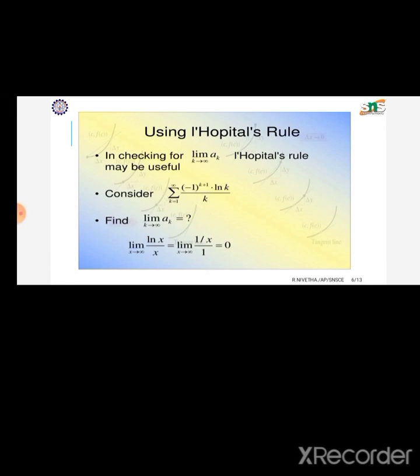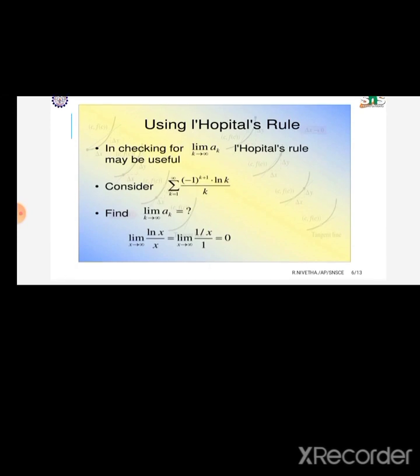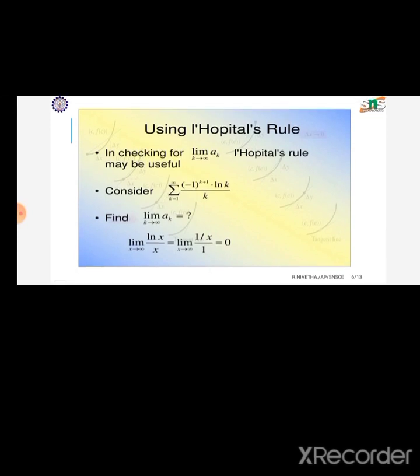When we expand, we get the limit as x tends to infinity of log x divided by x, which equals the limit of (1/x) divided by 1. If we differentiate log x, we get 1/x, and if we differentiate x, we get 1. When we apply the limit, we get 0.